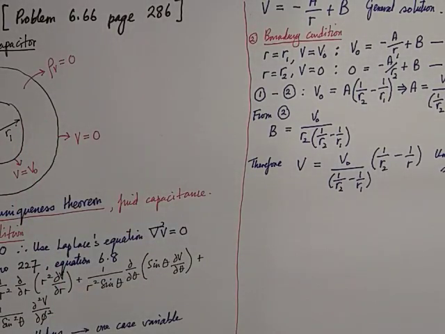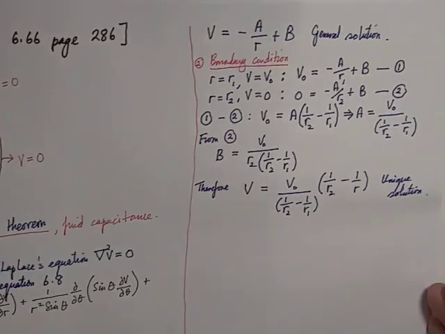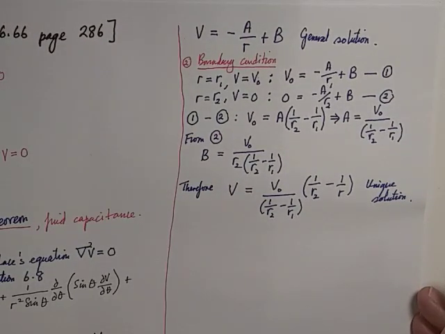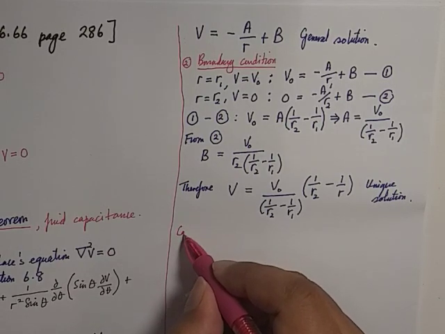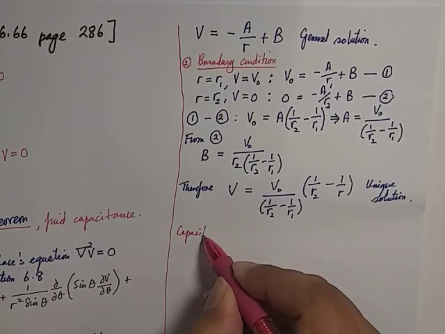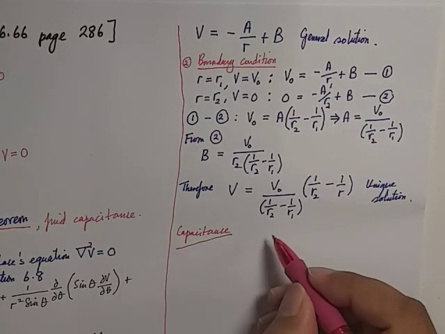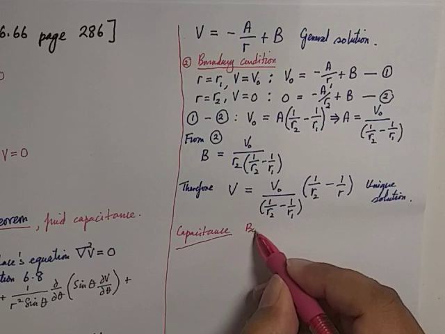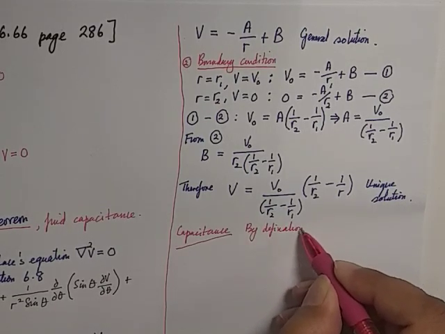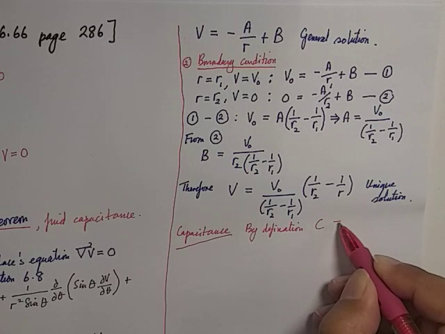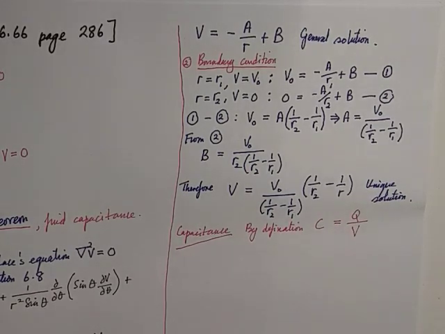So now we go to the next step, solving for the capacitance. By definition, capacitance is defined by Q divided by potential.